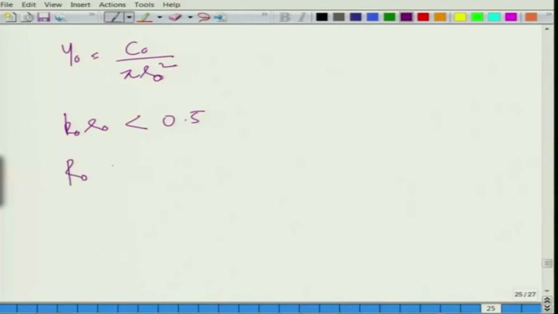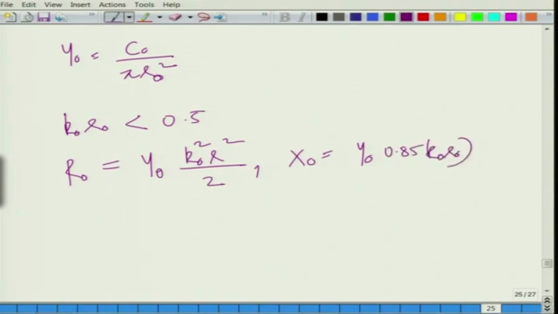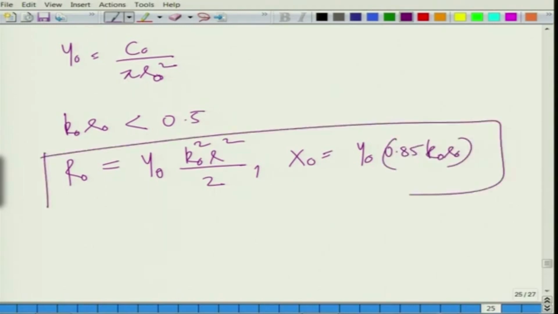Under such a condition, the real part of the radiation impedance becomes this thing, and X naught is 0.85 times K naught R naught. This is what we are going to get.